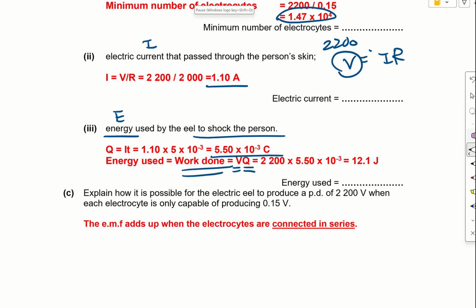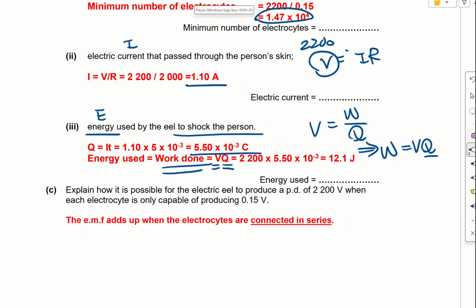Don't forget the formula is V equals W over Q. Therefore, to find W, we need to multiply V and Q together. But because we don't have the Q, we have to use Q equals IT, right? Use the current from before, and the time being 5 milliseconds, we can get 12.1 joules.